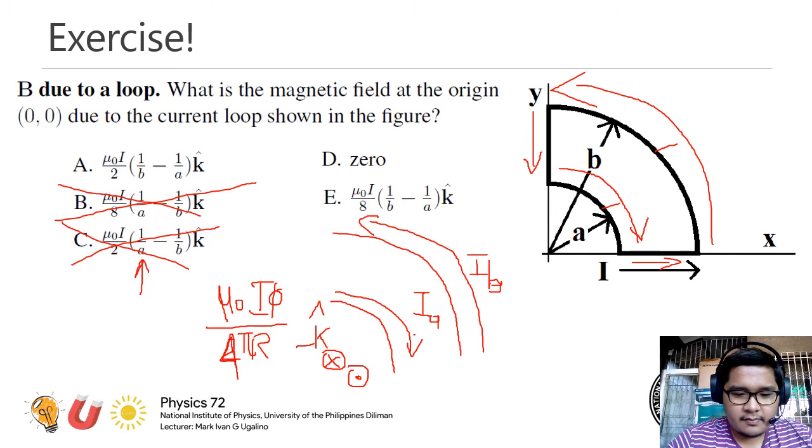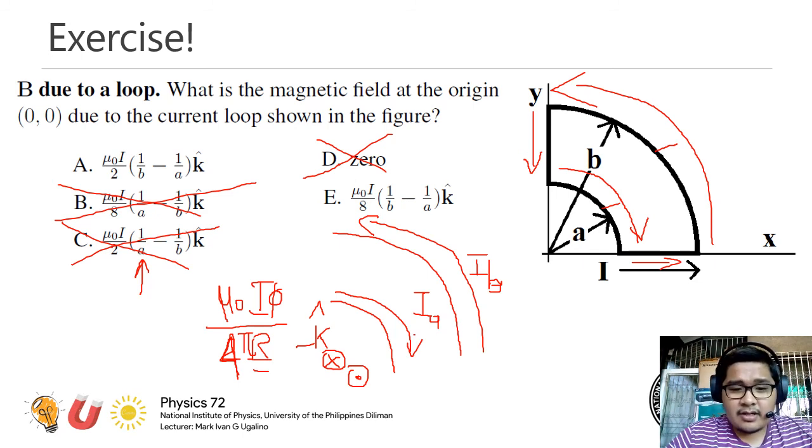Since we already know that it's mu naught I phi over 4 pi r, there is an explicit dependence on the radius of the bent wire. And of course, we can already see, nothing too mysterious there, A is smaller than B. Therefore, the contribution will not be equal to 0. They are not equal. So, this can also be crossed out.